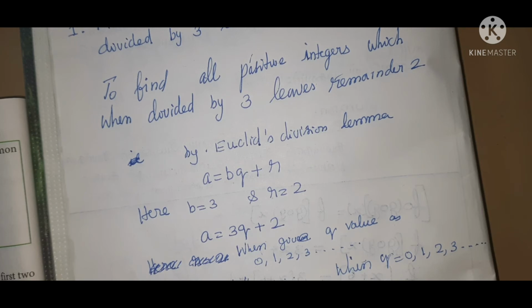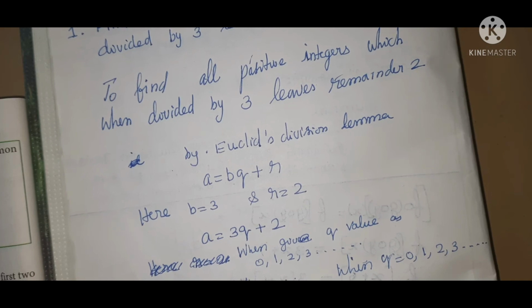When we give q values as 0, 1, 2, 3 and so on, we get the a values. Suppose q is 0, 3 into 0 is 0, 0 plus 2, we get 2. So a is 2.